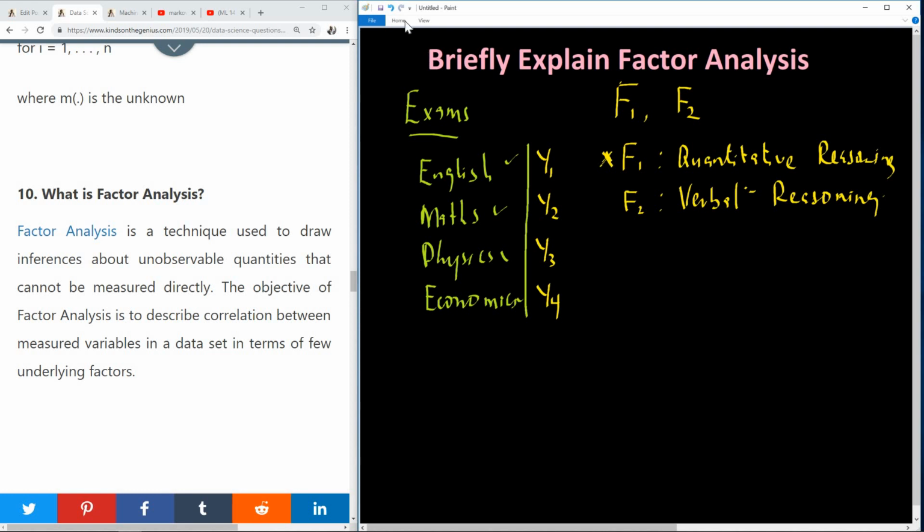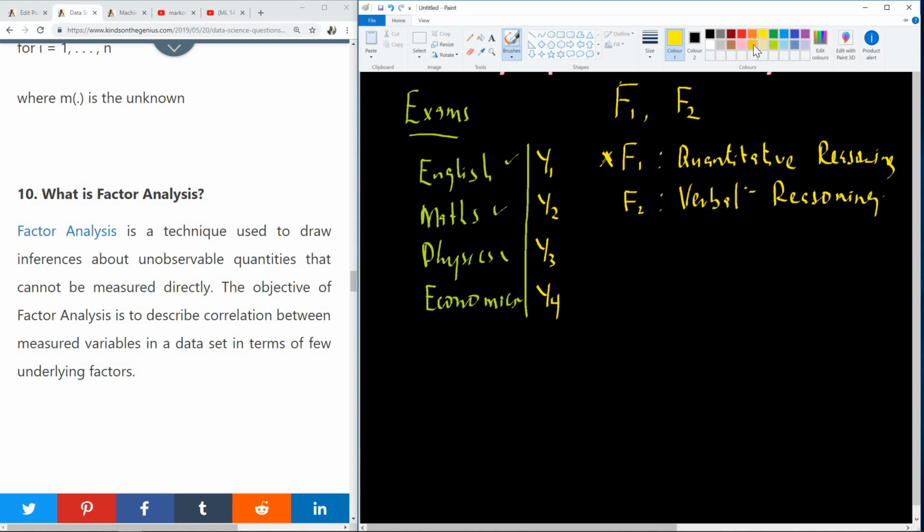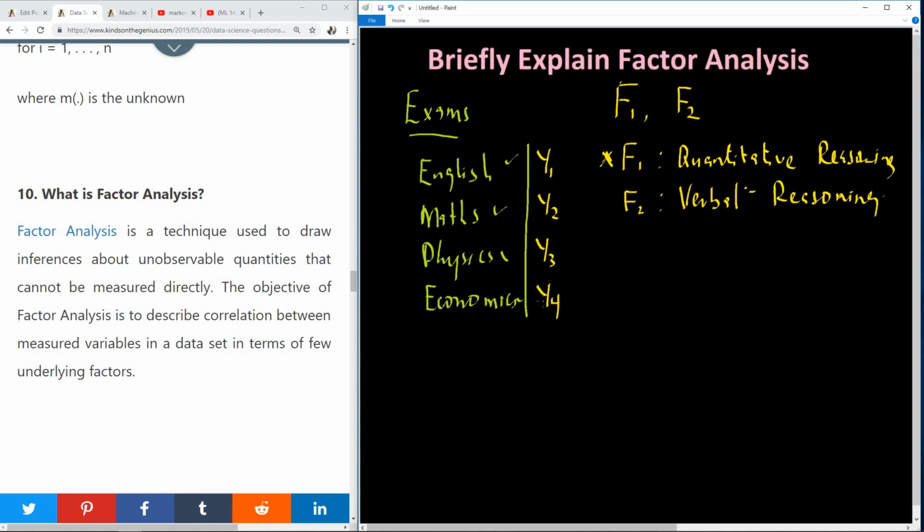So how do we mathematically relate these factors and these subjects that are measured? Take note that we are talking about 2 things. So we have F1 and F2, and we have Y1, Y2, Y3, Y4.